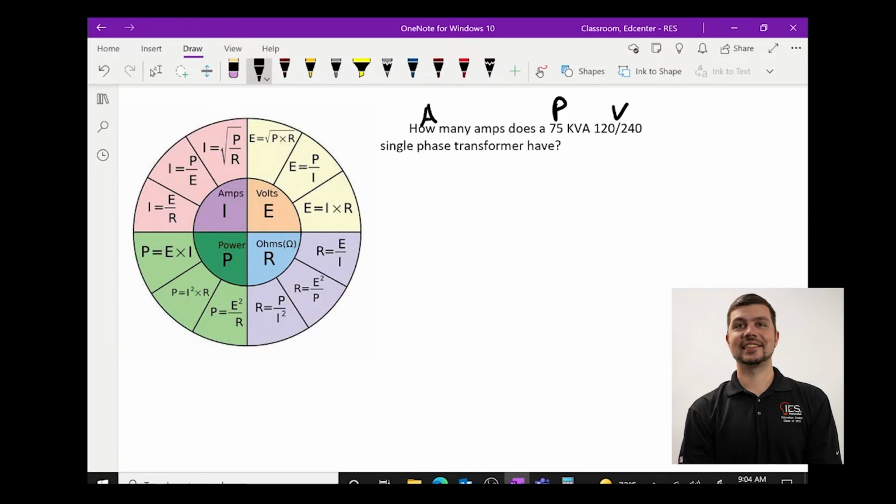And then the question is, how many amps do we have? Right off the bat, I know I'm going to be looking inside of this pink and purple area. We're looking for amps, and we're going to have the power and the voltage.